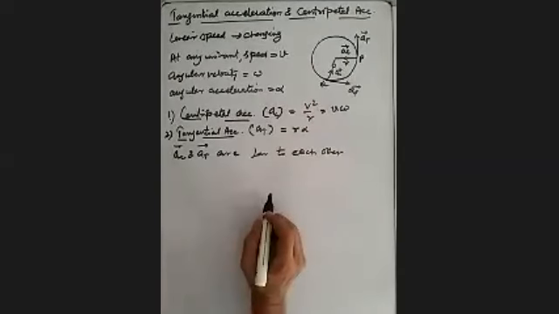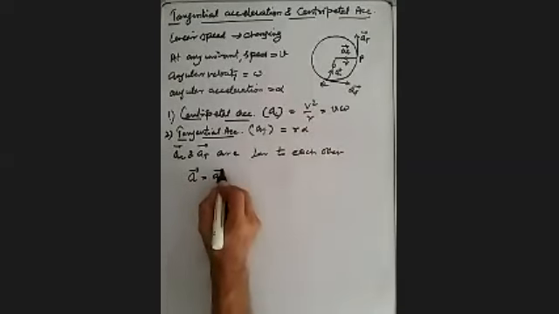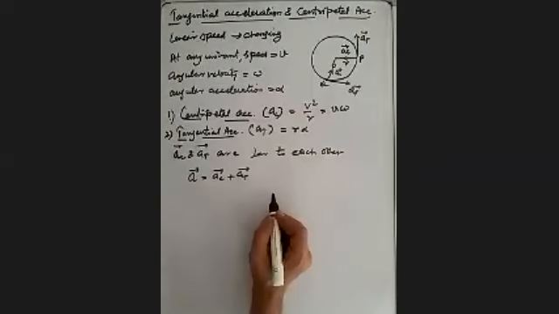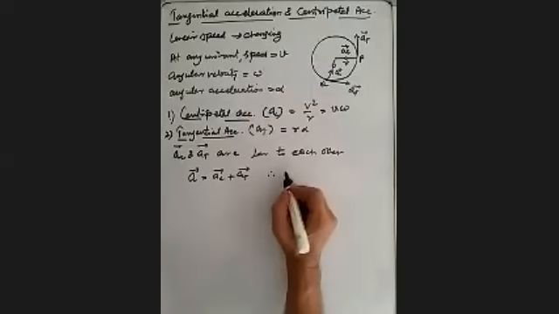So therefore the resultant acceleration vector A is equal to AC vector plus AT vector. That is the vector sum of the two. And we know how we can get the vector sum of the two, by using the parallelogram law.